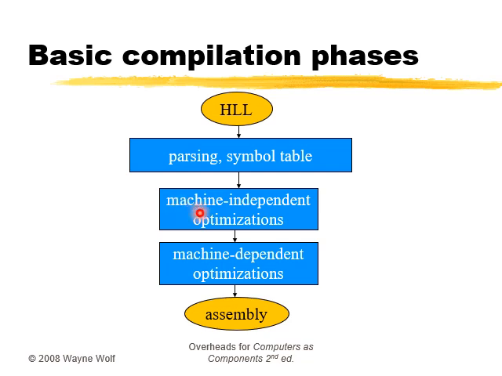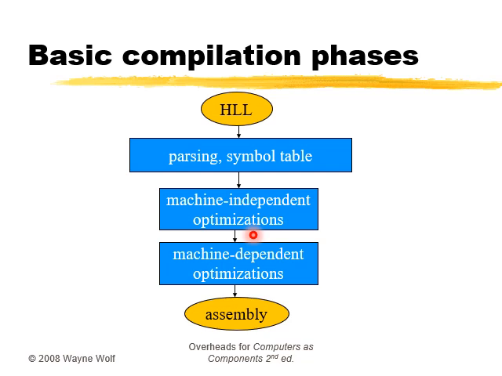Simplifying arithmetic expressions is one example of machine independent optimization. If we have very complex arithmetic expressions and we simplify them, it is a machine independent optimization. Not all compilers do such optimization.